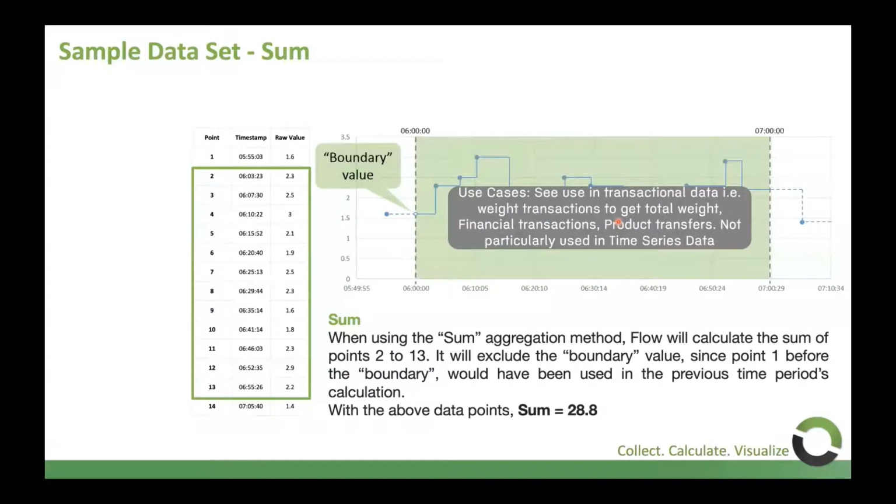It also makes sense for financial transactional data, or production transfers from one tank to another tank, where you want to see what was the total transfer for the day. As I explained, it's not something that we really use in time series process variable type of historian data, but definitely for transactional data sources, we use the sum aggregation.